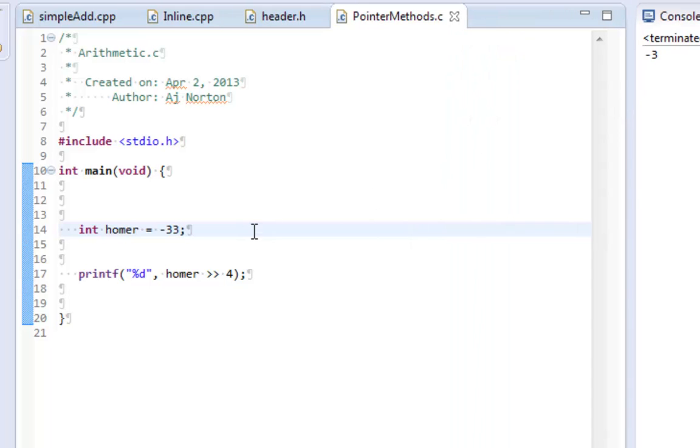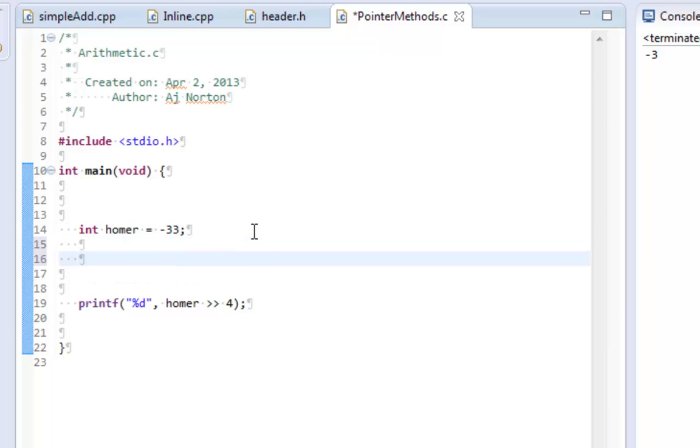The reason is that when I'm shifting over this negative number, since it's 2's complement and 1 is the most significant bit, the spaces I shifted over are getting filled up with 1s.